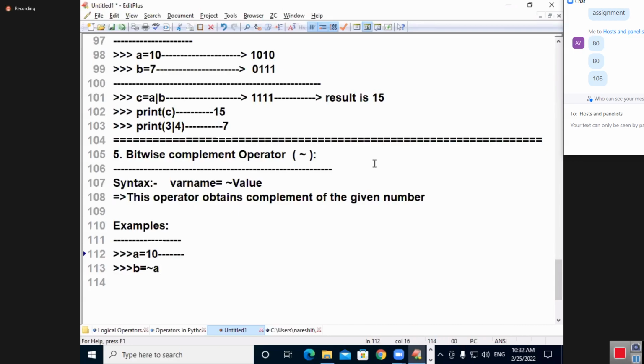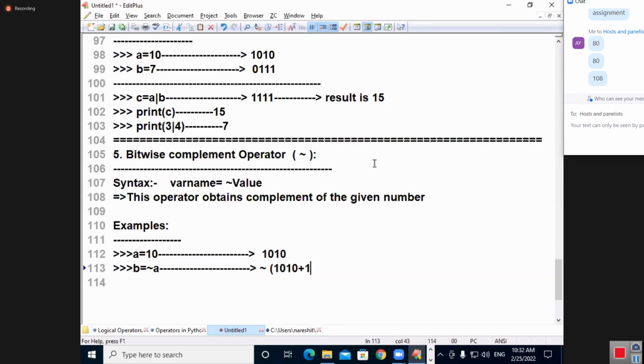As far as this is concerned, the binary number is called what? 1010. And when the operator is applied, do you know what is happening internally? Complement of 1010, added 1 for that. Because of one's complement, two's complement, 0 becomes 1 and 1 becomes 0, the total big story is there.